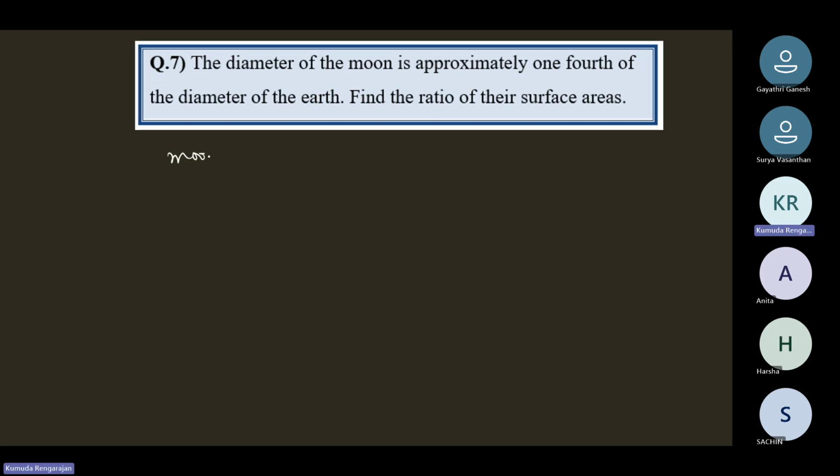Moon being smaller than the earth, we'll take small r here and capital R here. So the diameter will be this one for the moon and this one for the earth. The diameter of the moon is equal to 1/4 of the diameter of the earth.